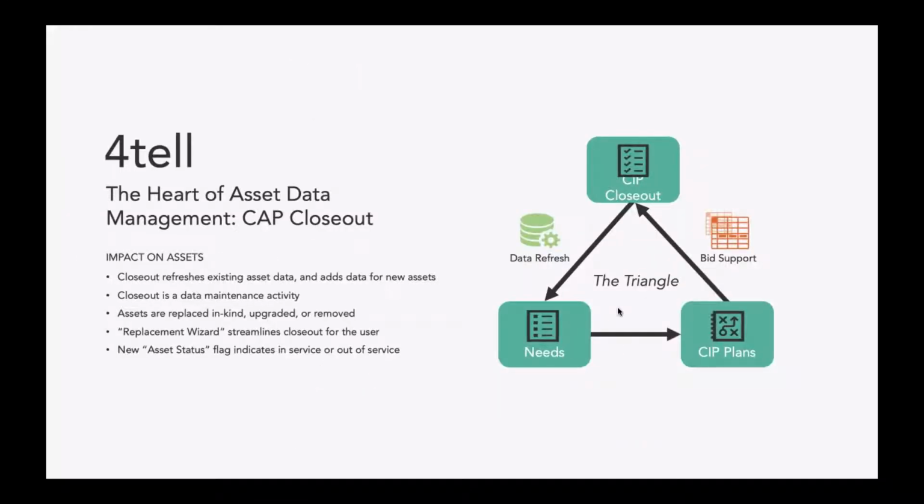So we talk about this as a triangle. In the lower left corner, we've got all the needs that all the facilities have. This part gets populated in a number of different ways. One of the ways that the district does that, and is very common, is through facility condition assessments.